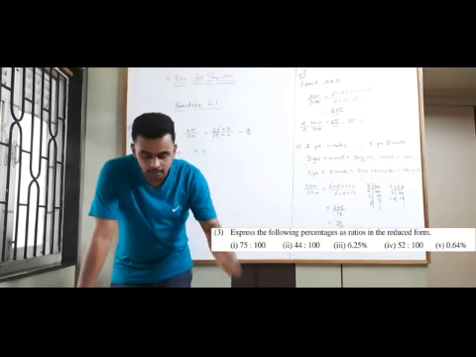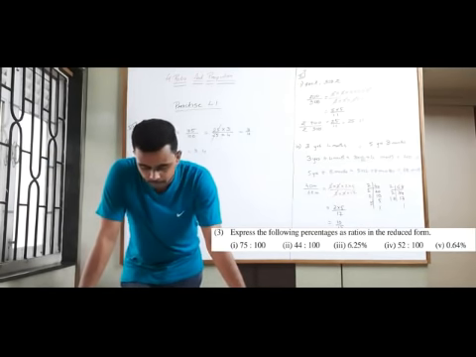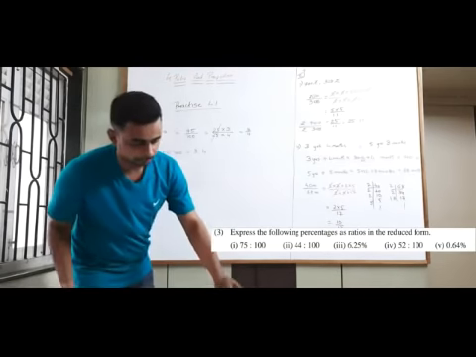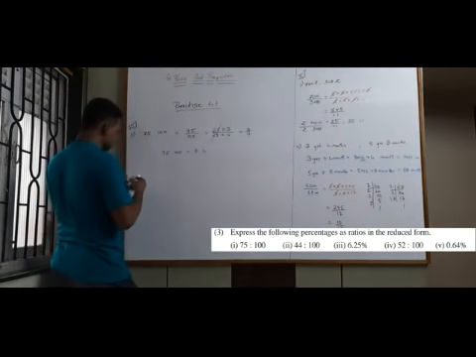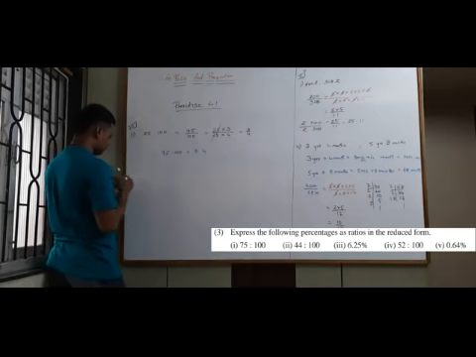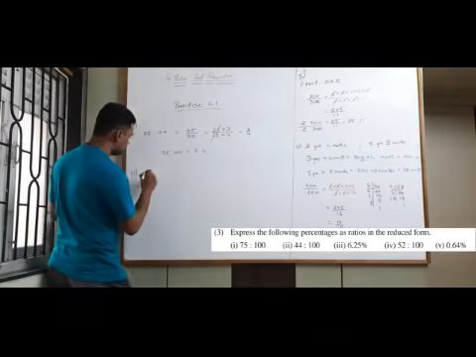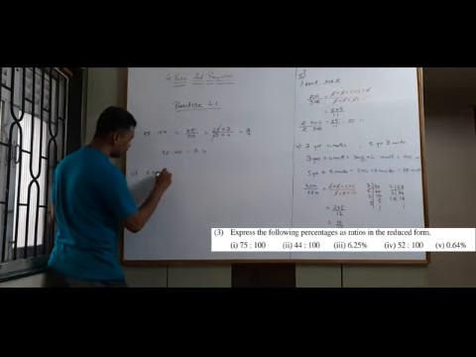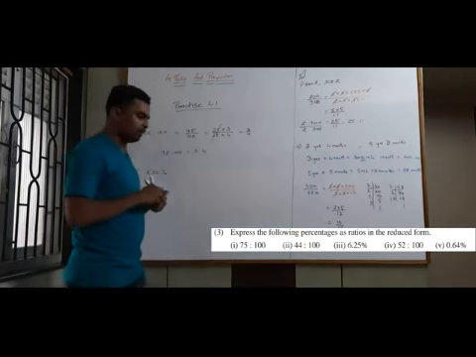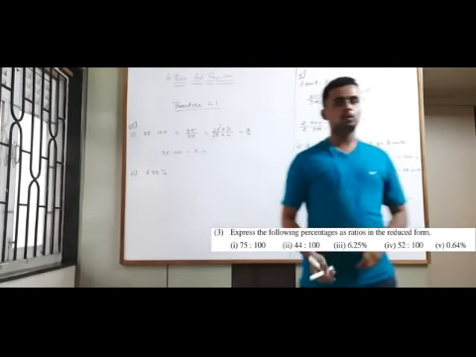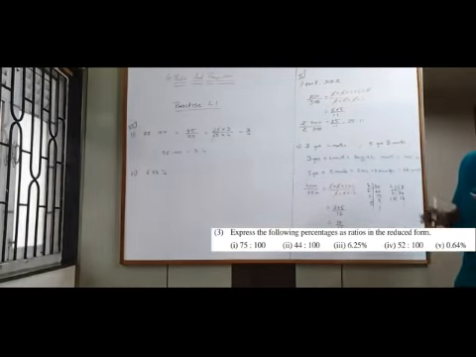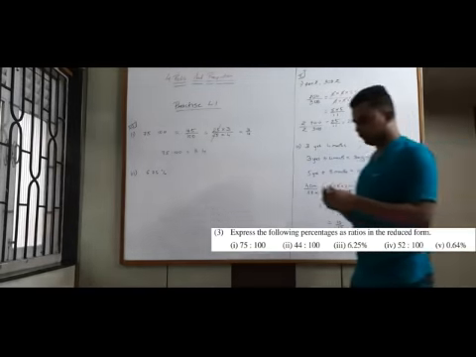Let's see the third sub question in the practice set. Sub question 3. Here I have the number 6.25%. Now when I have a number 6.25%, first I have to write it in the form divided by 100.